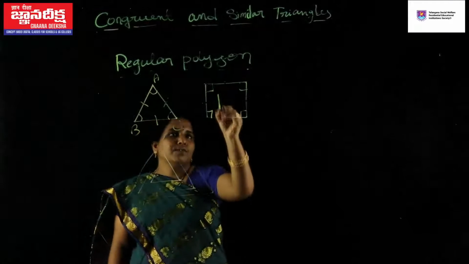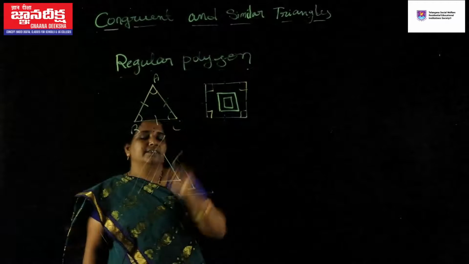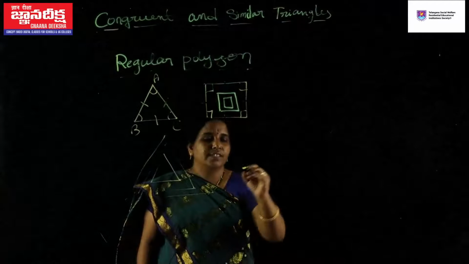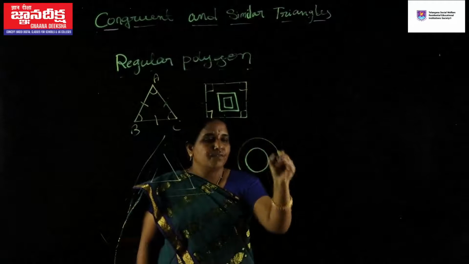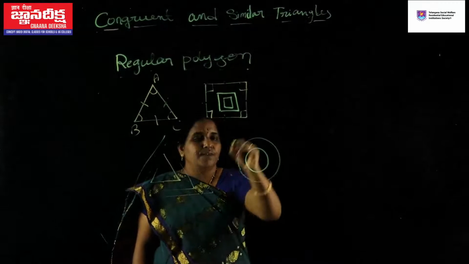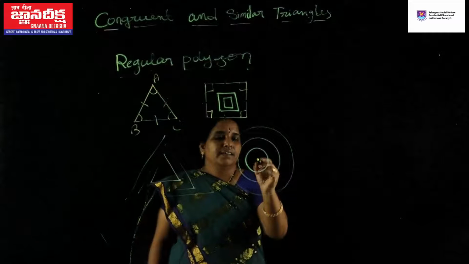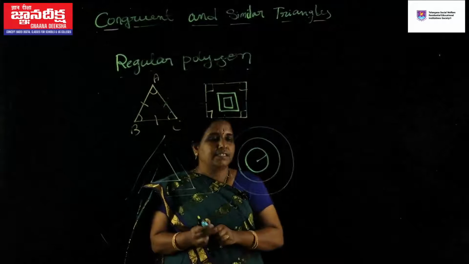Similarly, squares also. Squares are always similar. Not only equilateral triangles and squares, we have one more object. We already discussed that in the congruency. It is circle. One circle, one more circle, and one more circle. So when it comes to similarity, circles of different radii, their radius is different.